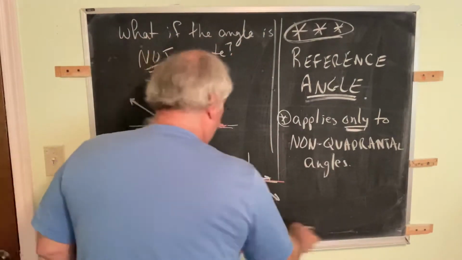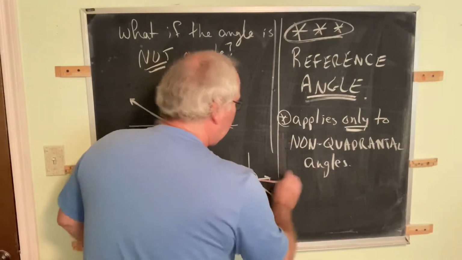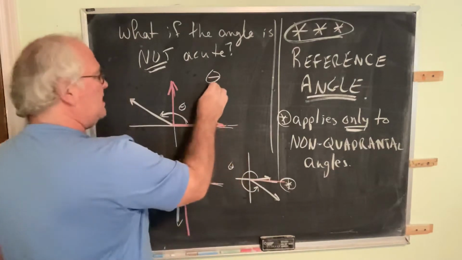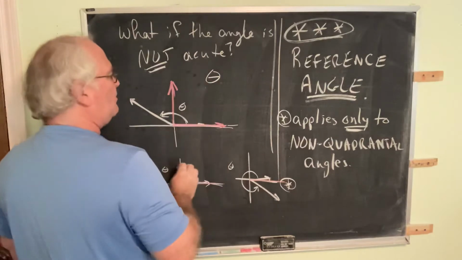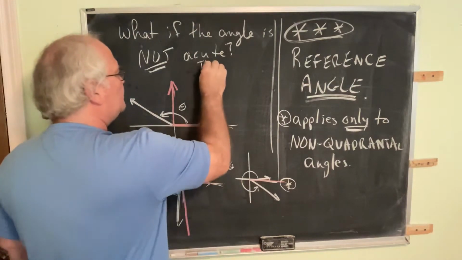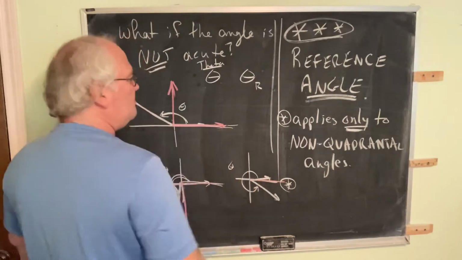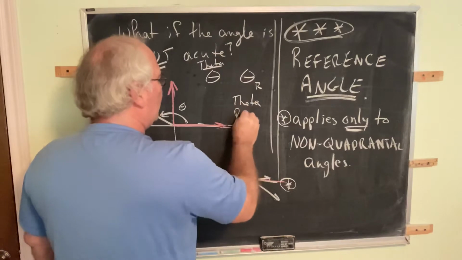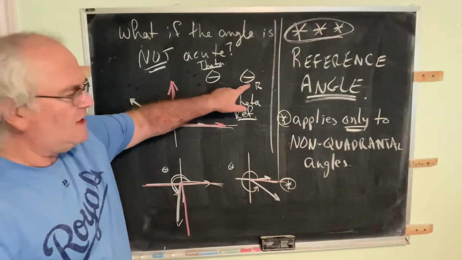The next piece of a reference angle. First off, if the angle we're talking about is theta, if it is a non-quadrantal angle, it does have a reference angle. So this is theta, theta subscript r. This is what I'm going to call theta reference. If I call my angle theta, it's theta reference.